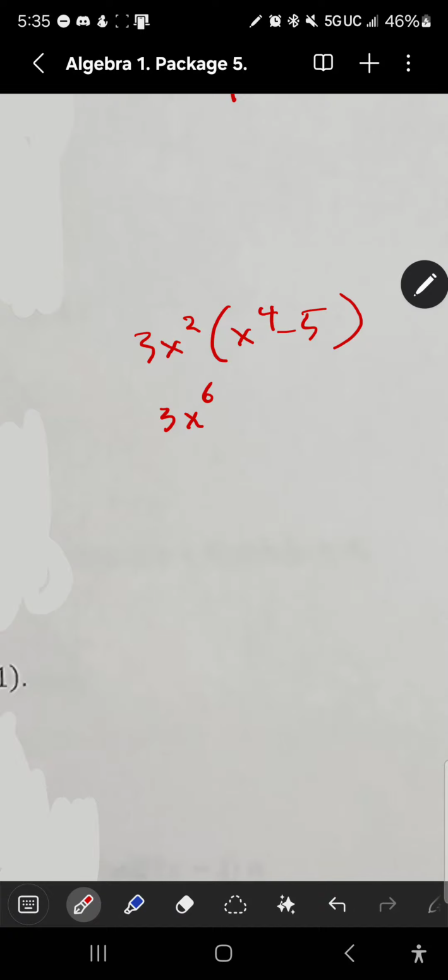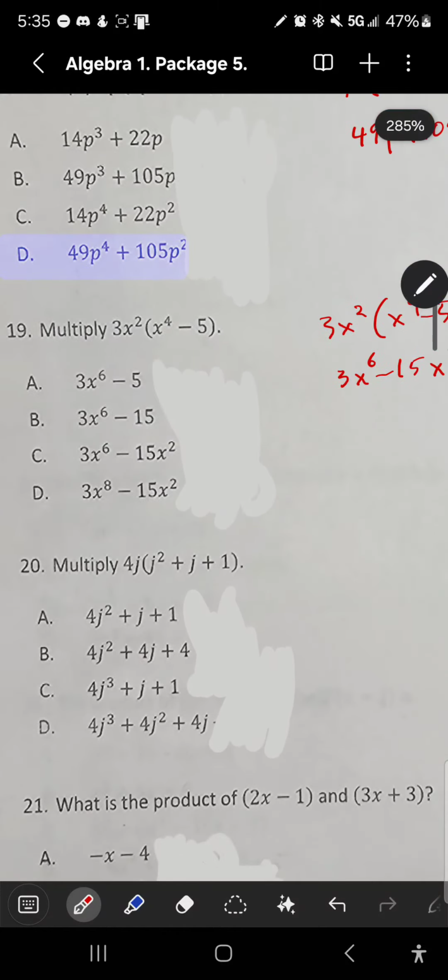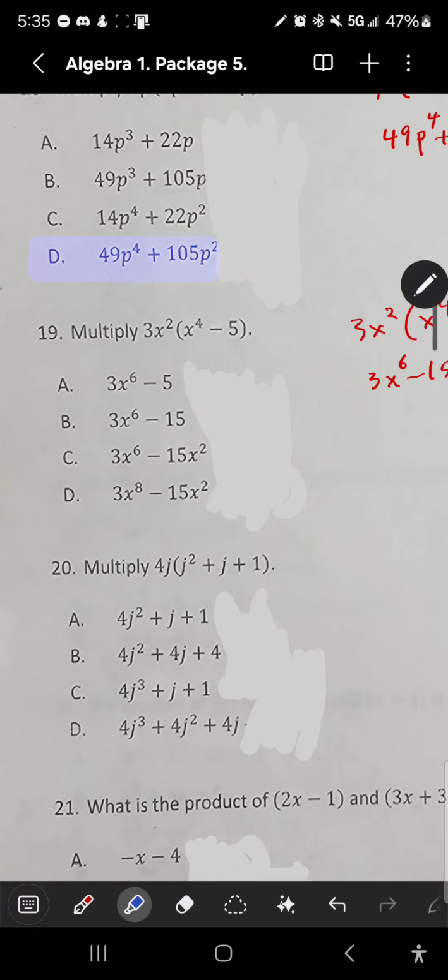Because 2 plus 4 equals 6. Now 3 times negative 5, positive and negative is negative, so 3 times 5 is 15, so negative 15. And now x to the 2 times 1, our variable here does not exist, it's just 1. And 1 times x to the 2 is x to the 2, which is C.